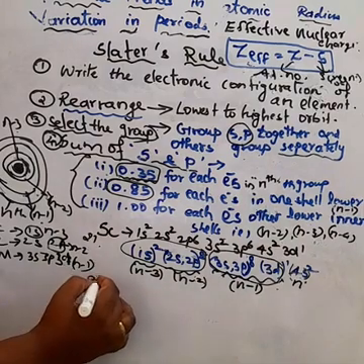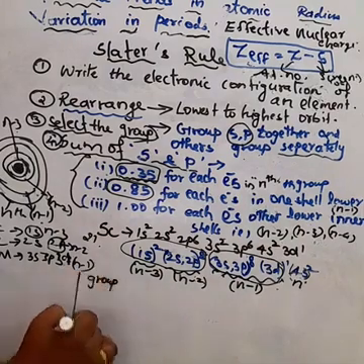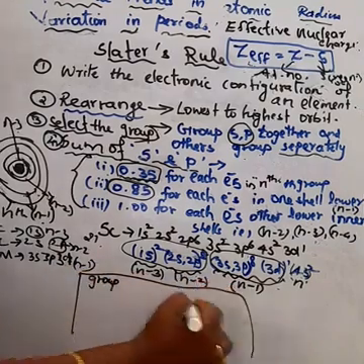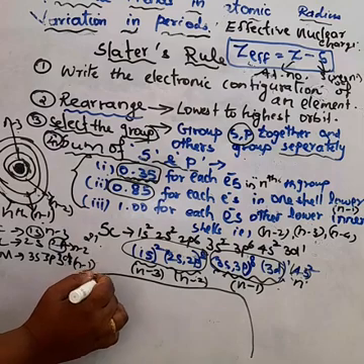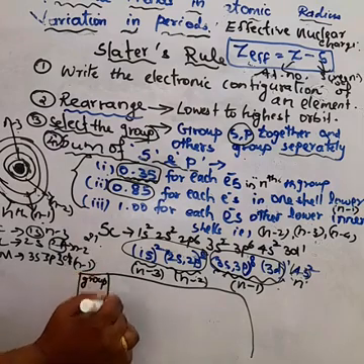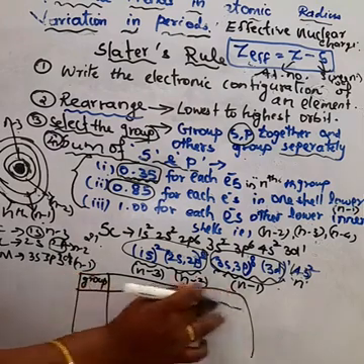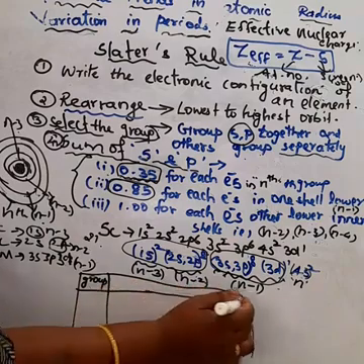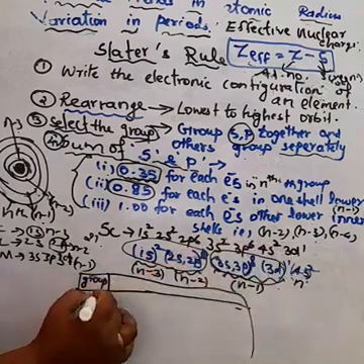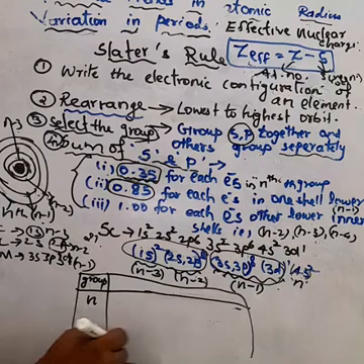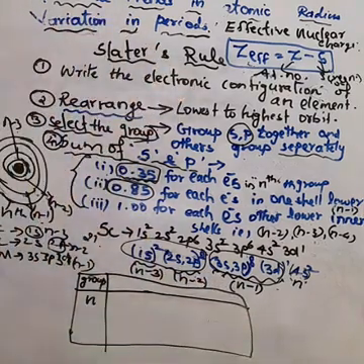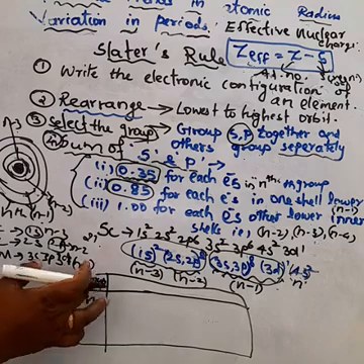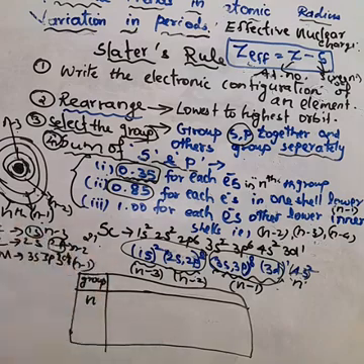First, what is the n value? I am taking 4s2, the last orbit, to calculate the effective nuclear charge. Remember the second rule of Slater's rule.